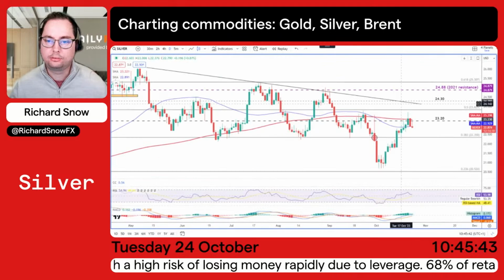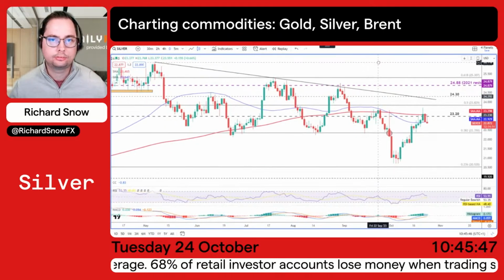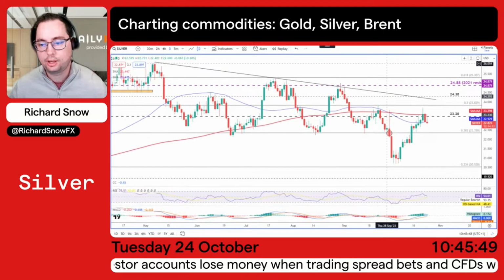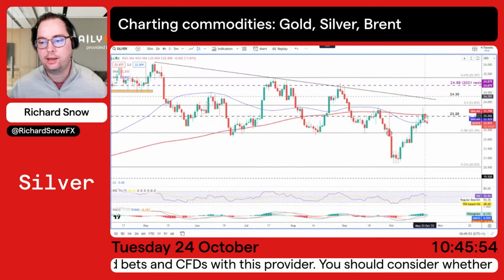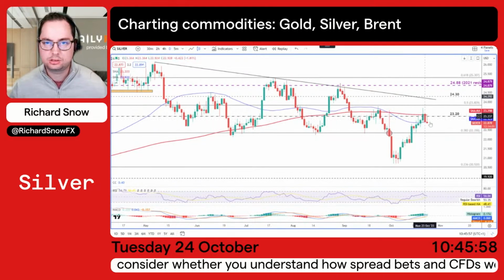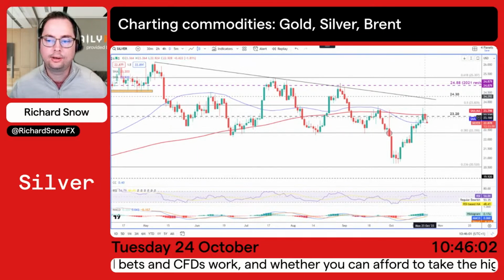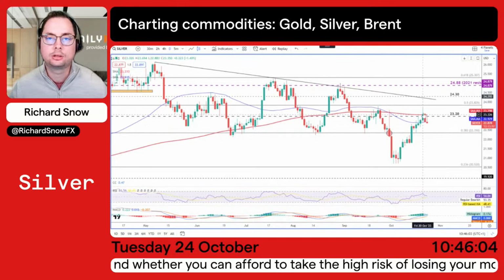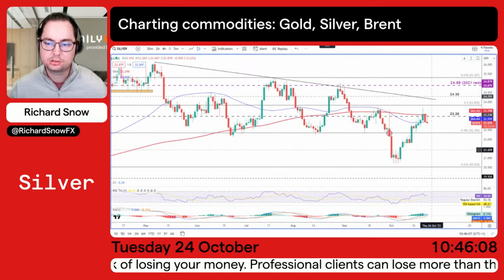Looking at silver, we tend to see similar dynamics playing out within the gold markets that we see in silver. Although we've been seeing this move to the upside, it's been less frenetic, essentially. Only just getting to the 200 SMA in silver before failing really to build on that close, which was ever so slightly above the 200 SMA.